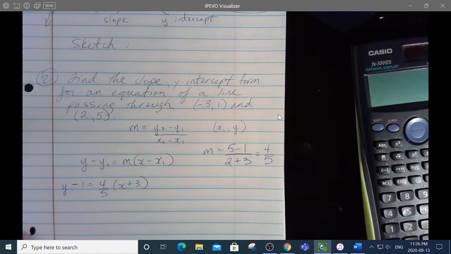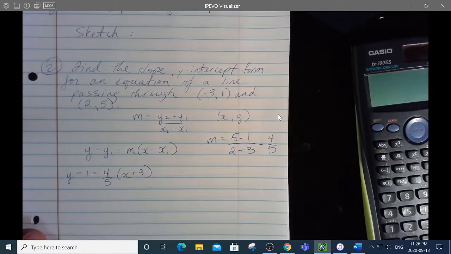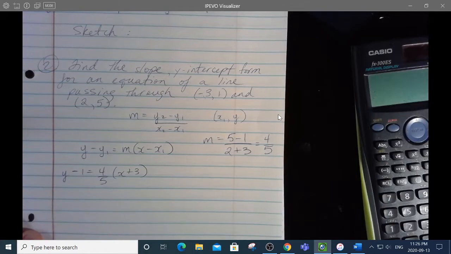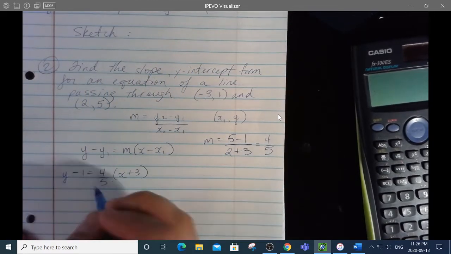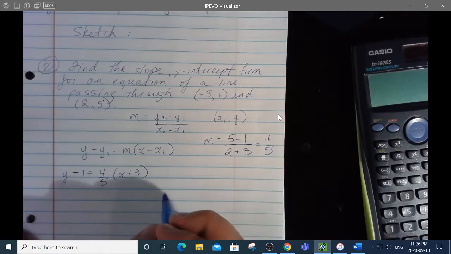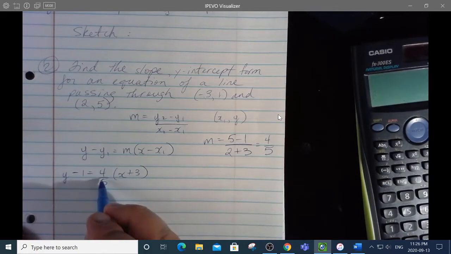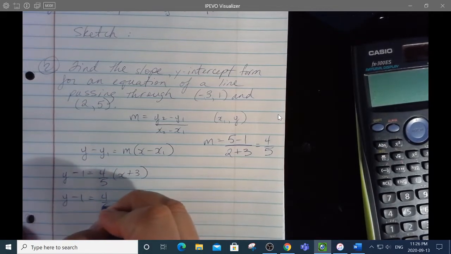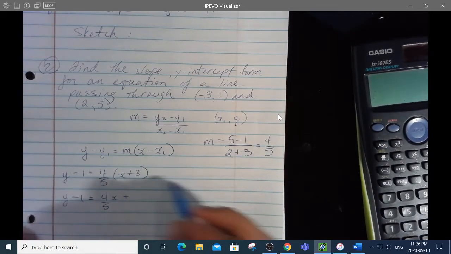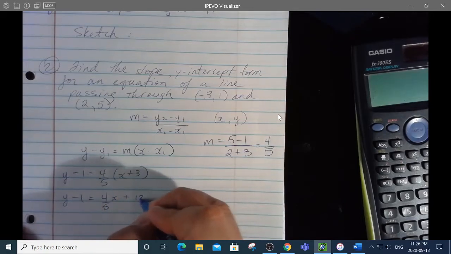If it said it didn't care how you expressed the equation, or wanted it in point slope form, you'd be done. But it did want slope y-intercept form, so I have to rearrange this a little. I'm going to start by multiplying 4/5 times the bracket. That's 4/5 of x plus, and 3 times 4/5 is 12/5.